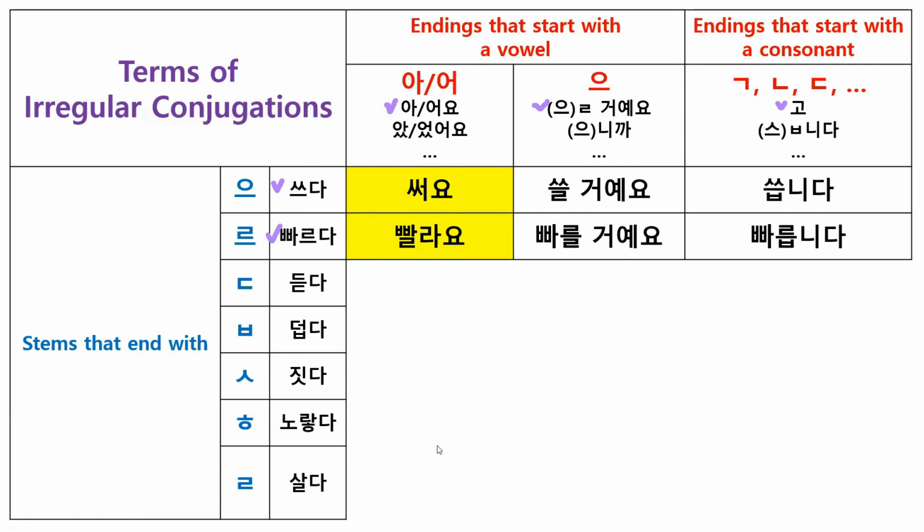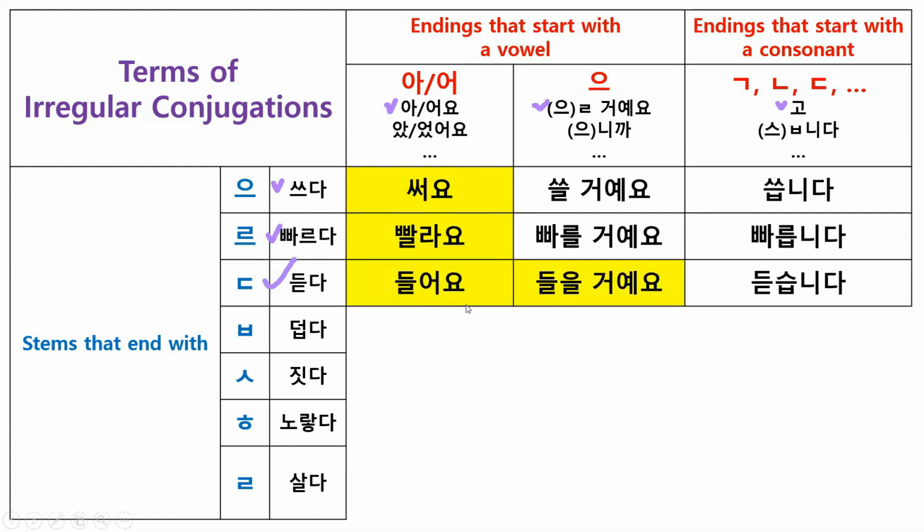And next one is 듣다. 듣다 becomes 들어요, 들을 거예요, 듣고. 듣다 was conjugated irregularly with endings that start with a vowel. However, with endings that start with a consonant, 듣다 was conjugated regularly.